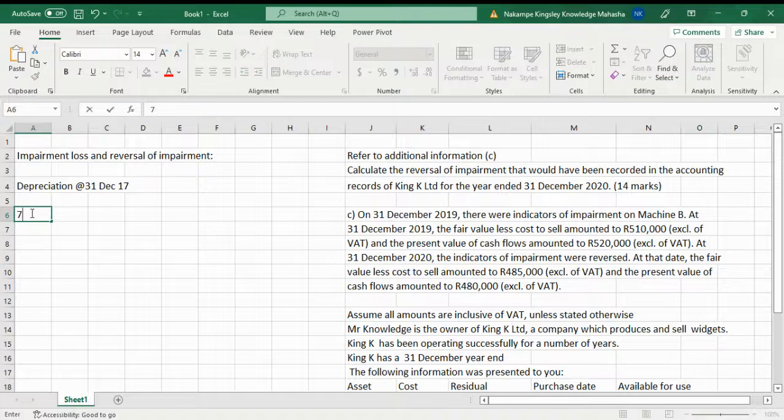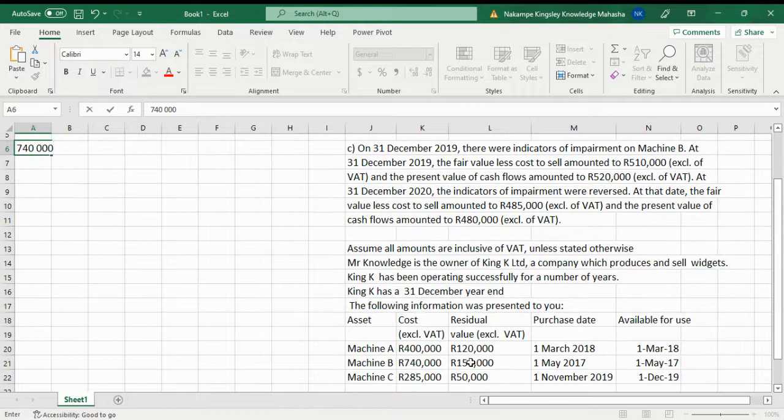We have an amount of 740,000, which is our cost. And we have a residual value of 150,000. We're going to subtract our residual value of 150,000. 740,000 minus 150,000, we get 590,000.